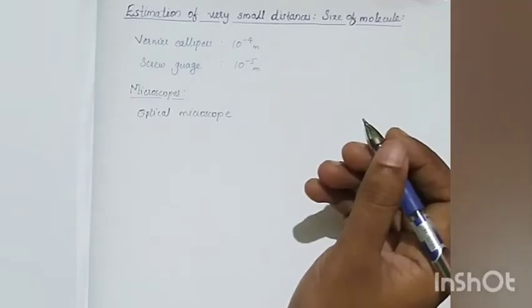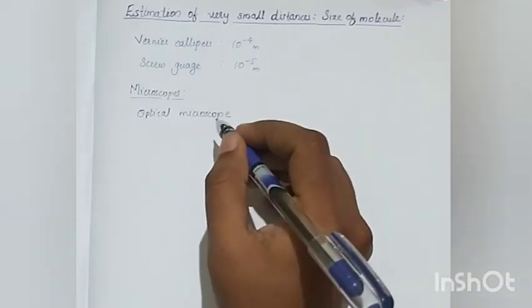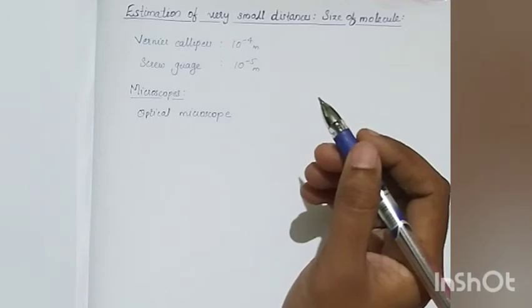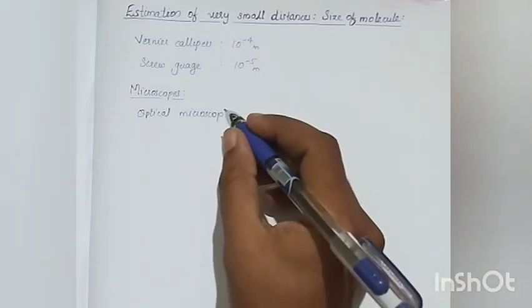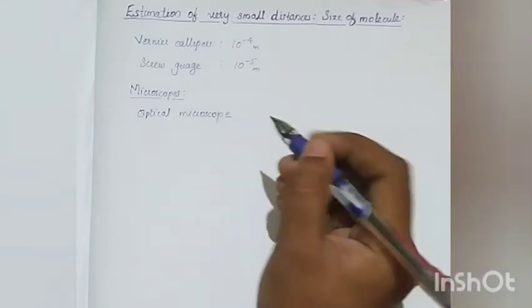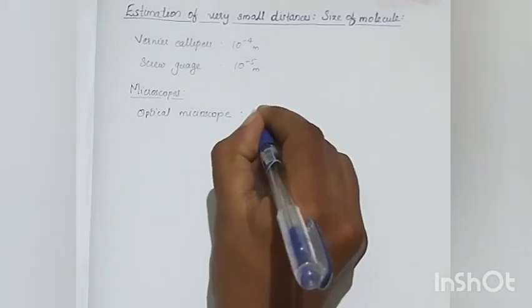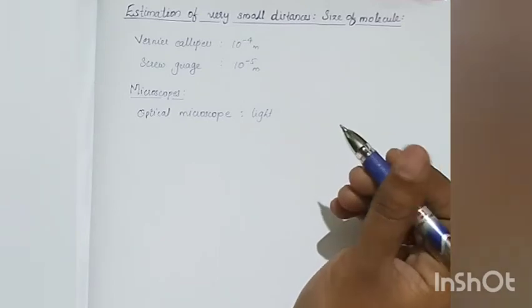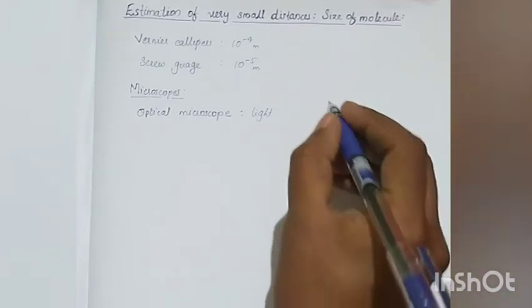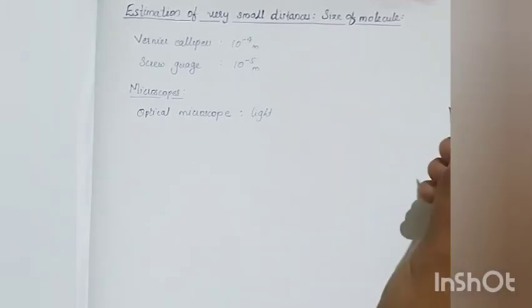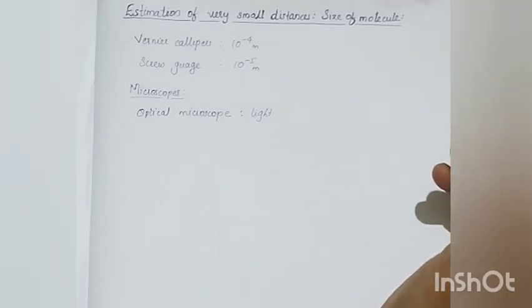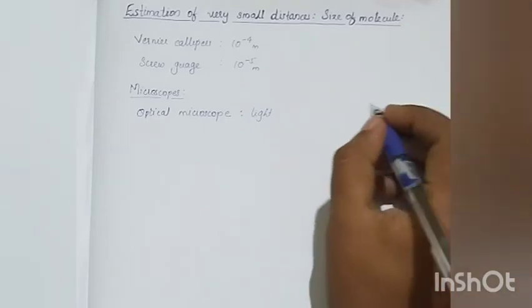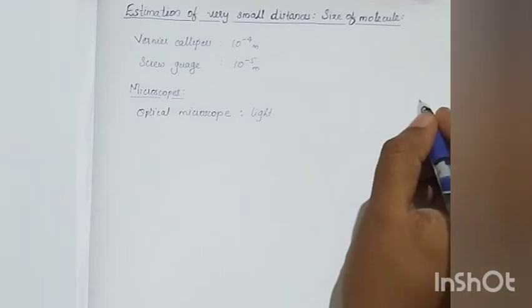Even if we look at different microscopes like the optical microscope and electron microscope, there also we have certain limitations. In an optical microscope, light is used to view the object, and light is a wave-like structure. We will study in future about the dual nature of light: light is a particle as well as a wave.